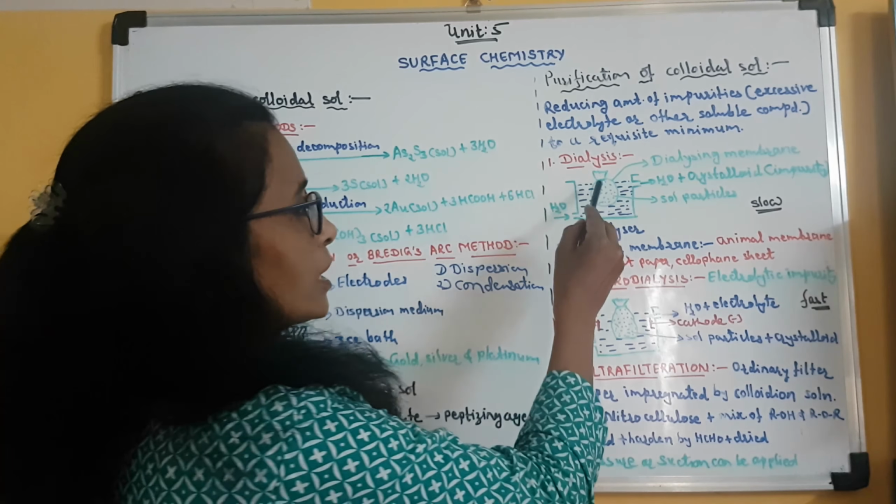From the outlet, water plus crystalloid comes out. Crystalloid means the impurity. So that will come out and only colloidal sol particles will remain in the bag. So this is called dialysis and this apparatus is called dialyzer. Clear? But this is a slow technique.